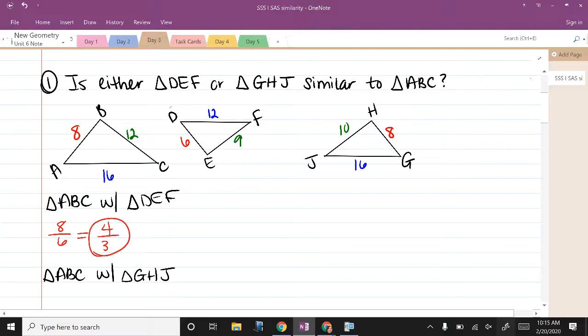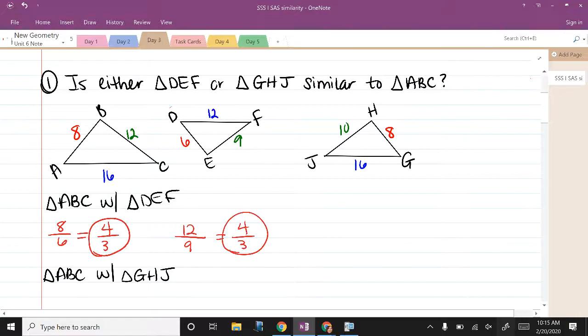Okay? If all the other fractions reduce to 4 over 3, then those would be similar triangles. Does that make sense? Okay, so the middle lengths are 12 for ABC. What's the middle length for DEF? 9. What does 12 over 9 reduce to? 4 over 3. So far, so good.